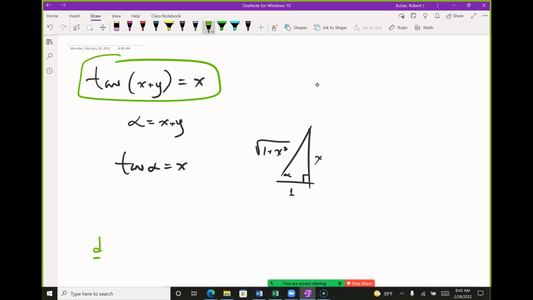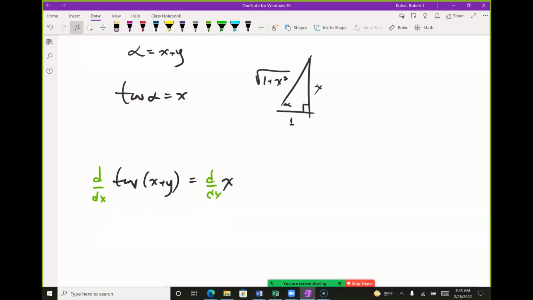So I'm doing d dx of the tangent of x plus y equals d dx of x. Good. What's the outside function on the left? Tangent. Derivative of tangent is what?